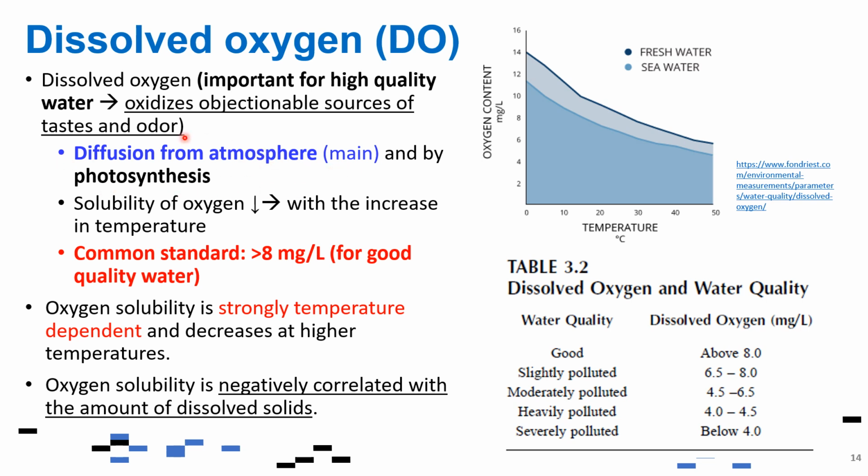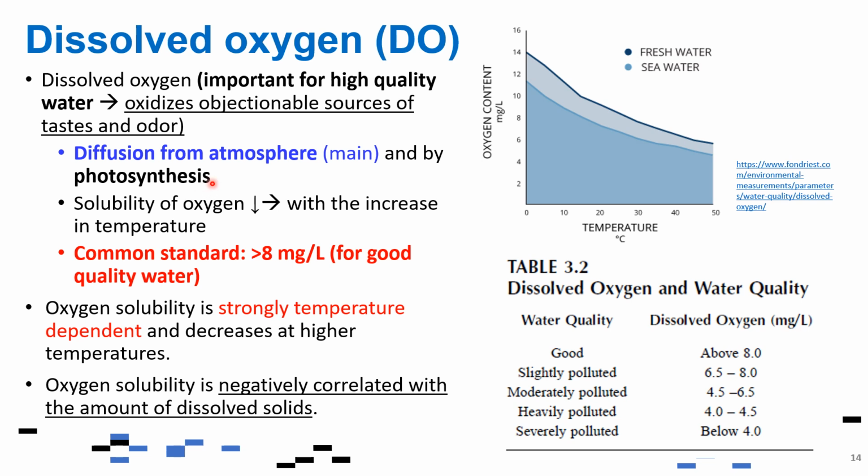So basically the diffusion from the atmosphere, as I've mentioned before, is through, for example, a wind blowing over a surface water, and the oxygen in the wind or from the atmosphere will diffuse through the water and dissolve and become dissolved oxygen. The other one is photosynthesis, and basically there are plants below the water, like for example underwater algae.